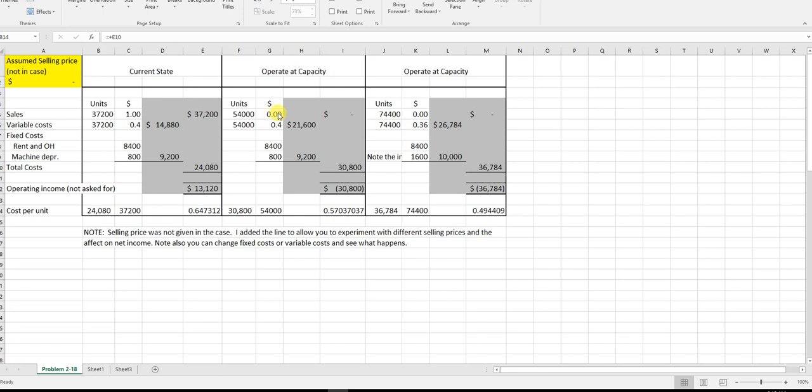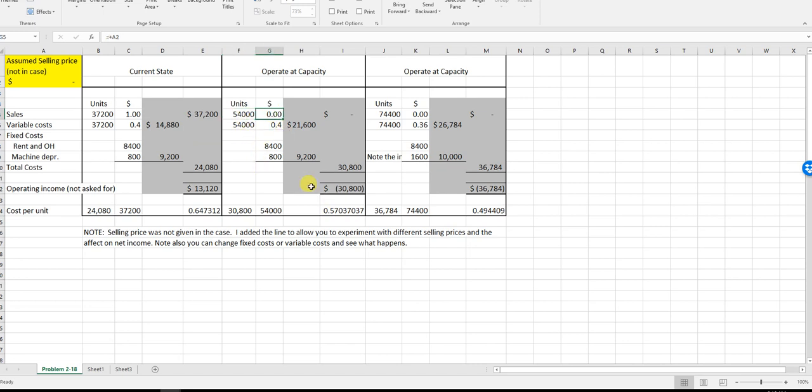So now, let's assume that we can simply operate at capacity. Remember what our capacity was? I'll go look at the problem. It is 4,500 drop candies per month. So 4,500 times 12 is 54,000.